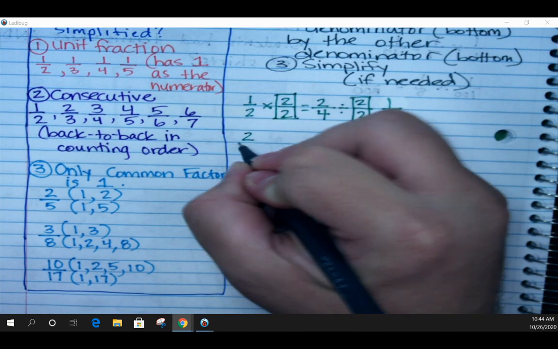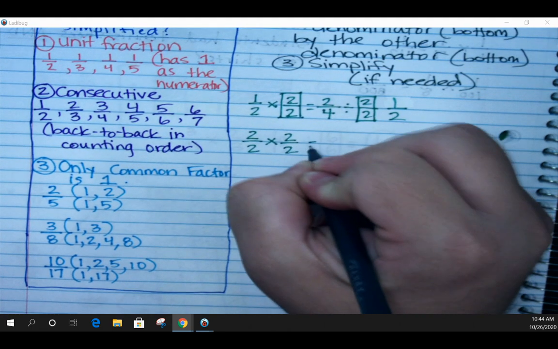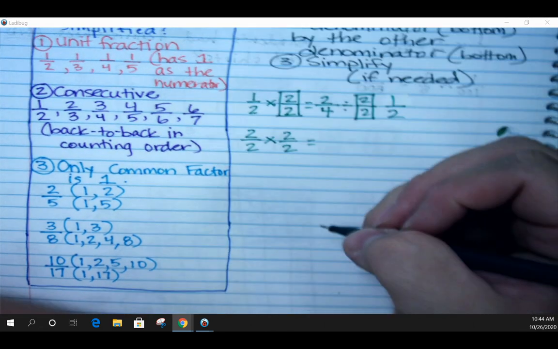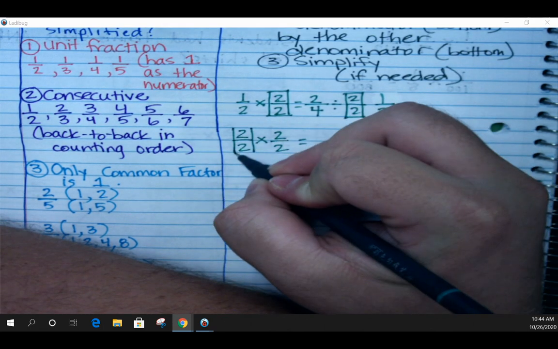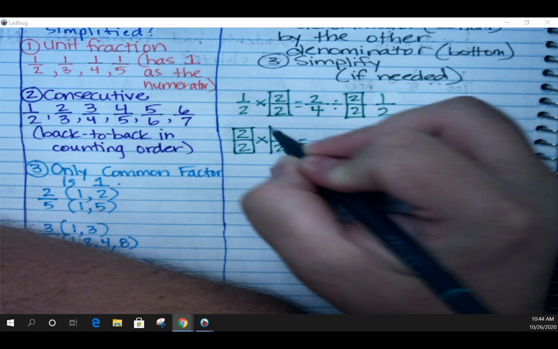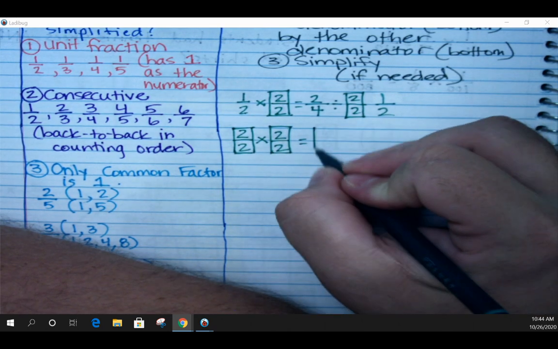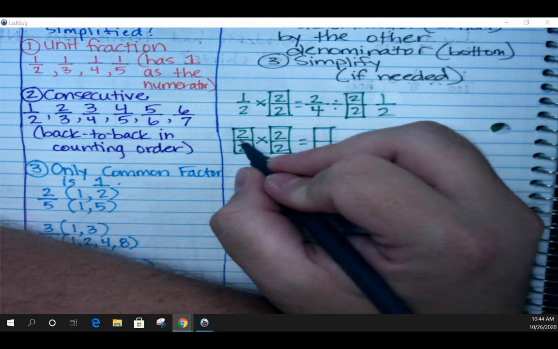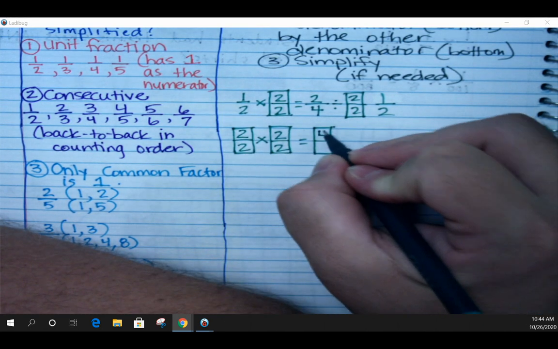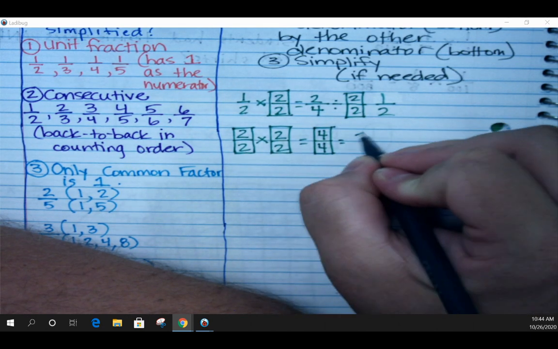What about 2/2 times 2/2? Now I could just think about this and say 1 times 1 equals 1. And it will. 2 times 2 is 4, 2 times 2 is 4, so 4/4 equals 1.